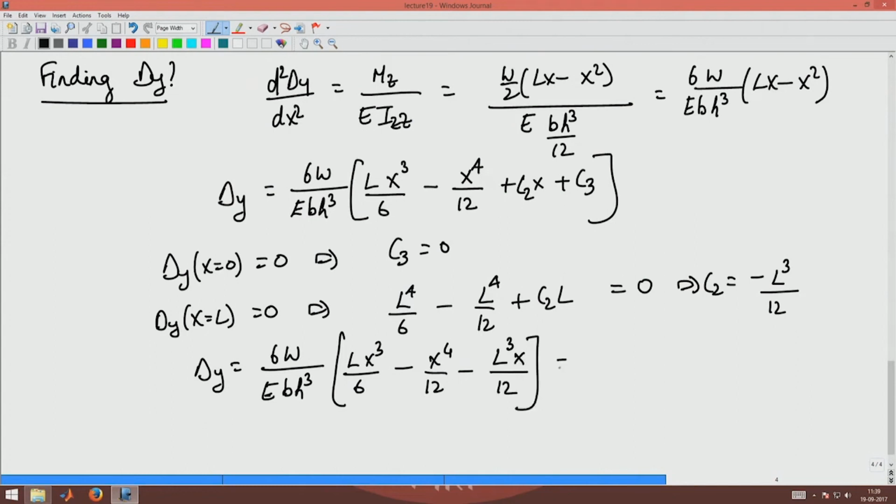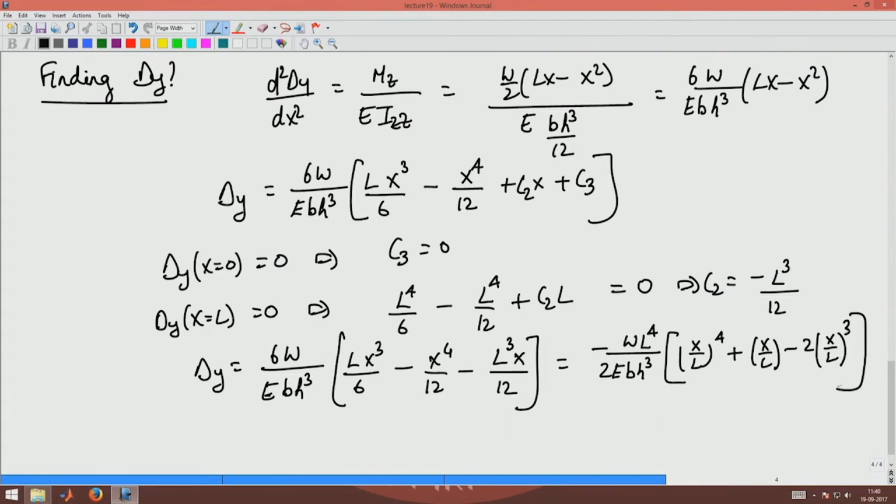This I can rewrite as minus w by 2 E bh cube L power 4 times x by L power 4 plus x by L minus 2 times x by L the whole cube.